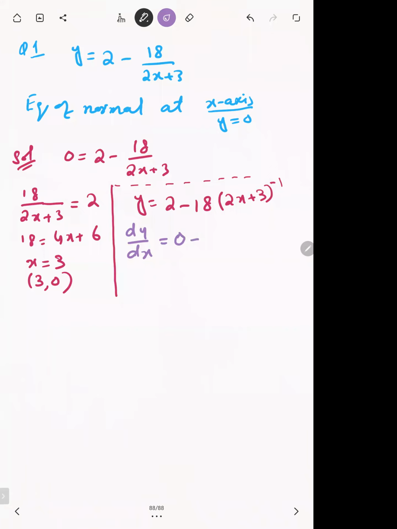Whole power minus 1 will become the coefficient, so it will become plus 18, (2x plus 3), and subtract 1 from the power. Minus 1 is minus 2. Into the derivative of the inner, which is 2. So we got dy by dx is equal to 18 times 2 is 36 over (2x plus 3) whole square. I hope you got this dy by dx.